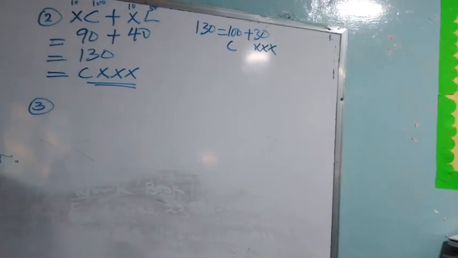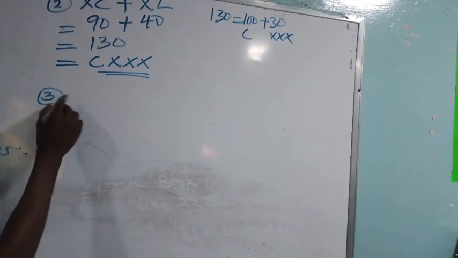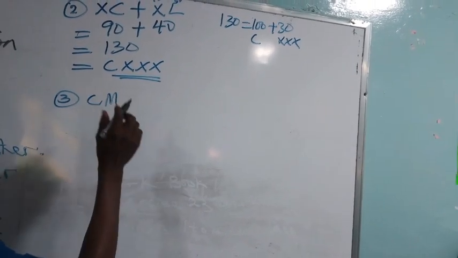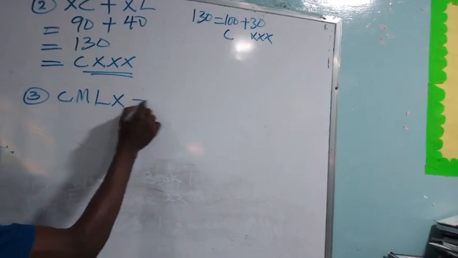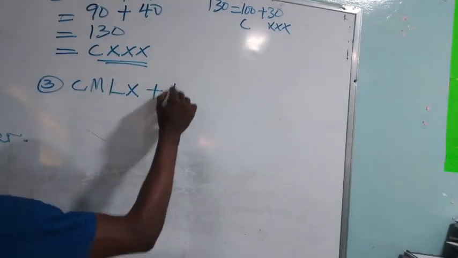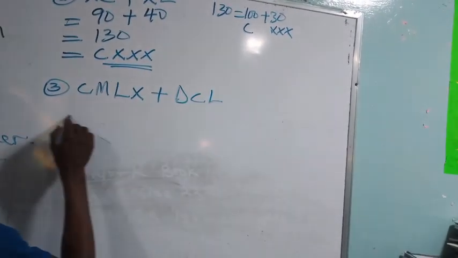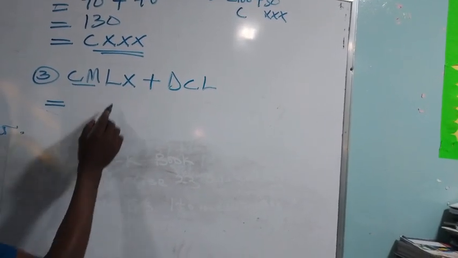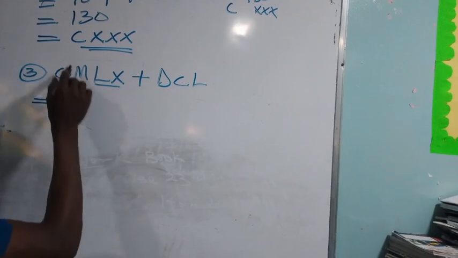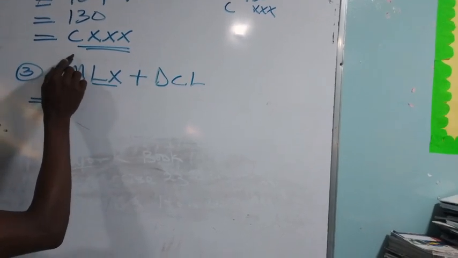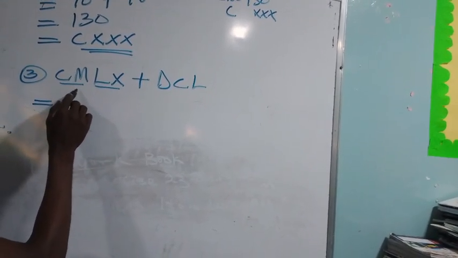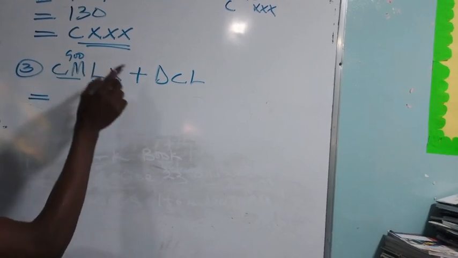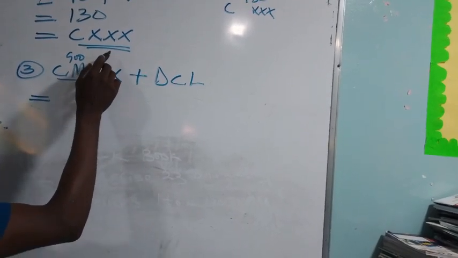Question number 3, CM LX plus DCL. CM can go together and LX can also move together. CM is 900. LX is 60.